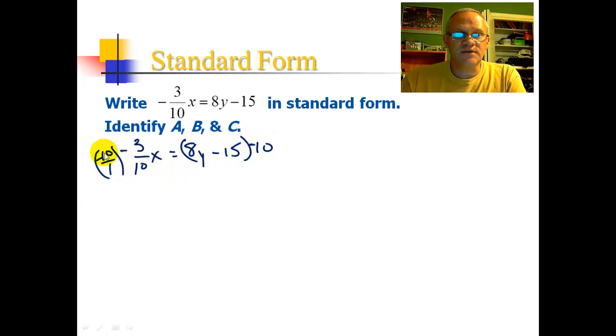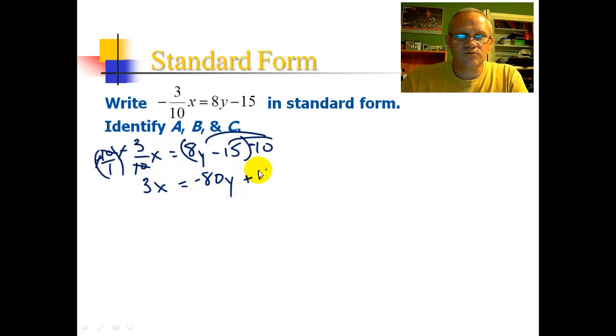Now the 10s will cancel, but also the two negatives will cancel. Negative times a negative is positive. So now what I have left is just a 3x. I don't have to worry about that negative and do it in another separate step later. Then when I distribute here, I'm going to have negative 80y plus 150.